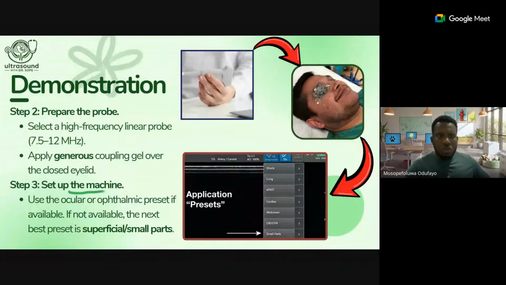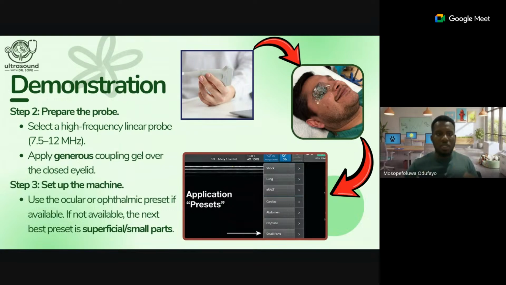The next thing you're supposed to do is to set up your machine, your presets. So you are supposed to use the ocular or ophthalmic preset on the machine if available. If you go to linear probe, some people have the ocular or ophthalmic presets. If that is not available, the next best preset you should use is any preset of a superficial or small part. So for example, you find testicular presets, thyroid presets.